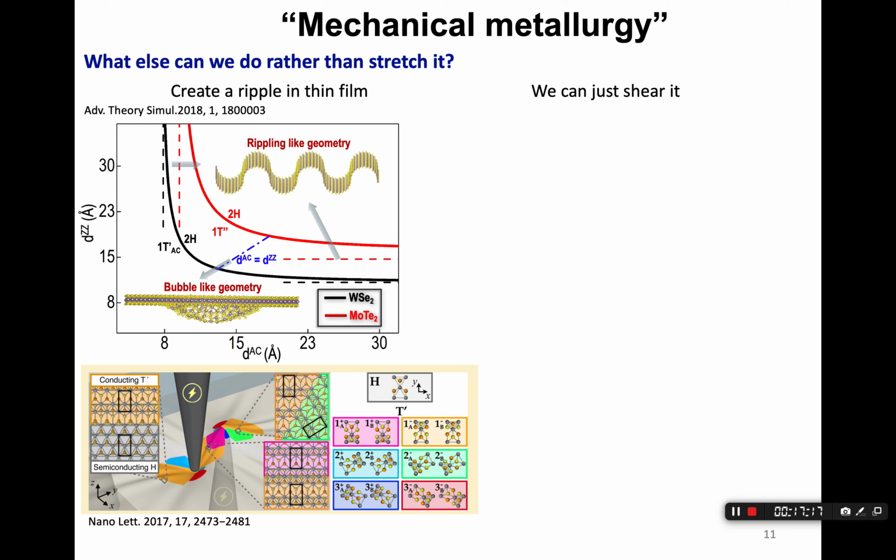And they came up with the same conclusion, that if you introduce buckling of the materials by doing this nano indentation, you can effectively tune the nucleation and phase transformation of the 1T prime phase in the 2H membrane. So that is evidence from both microscopic and macroscopic scales that the phase transition is going to happen if you create a curvature.